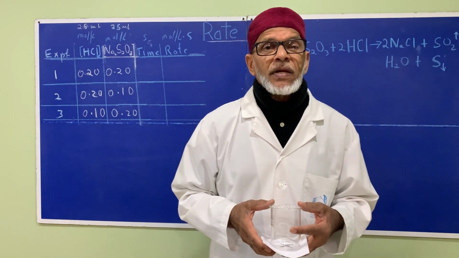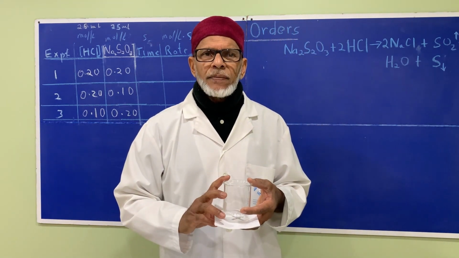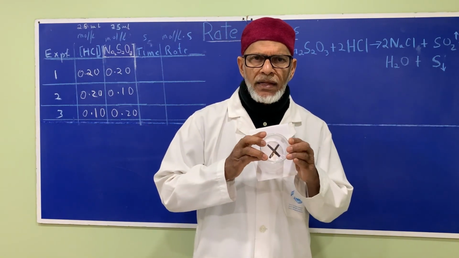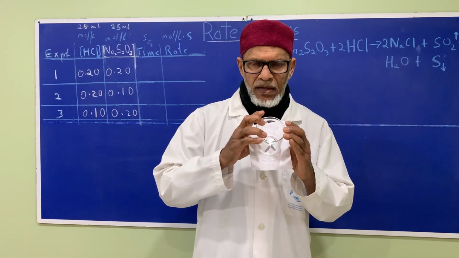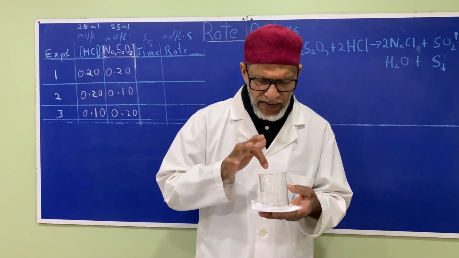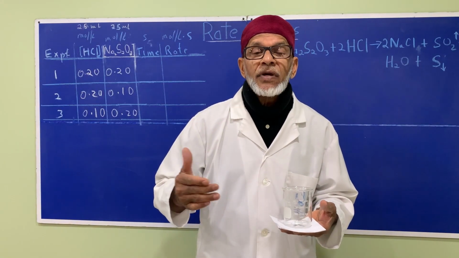As the sulfur is being formed, it obscures this X from our vision. So you can see right now, this X is very visible to us. As the sulfur is being formed, gradually, when you watch there, the X disappears from vision.